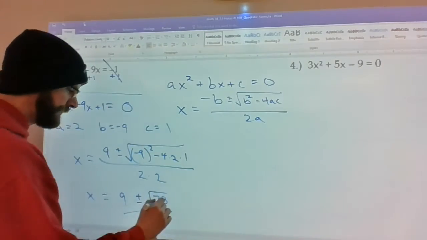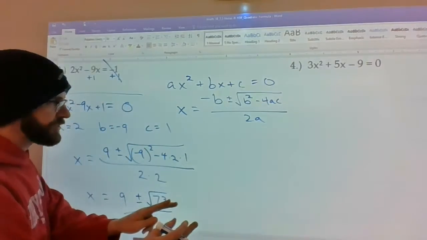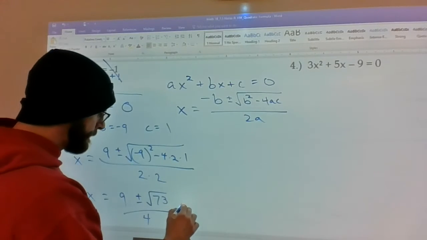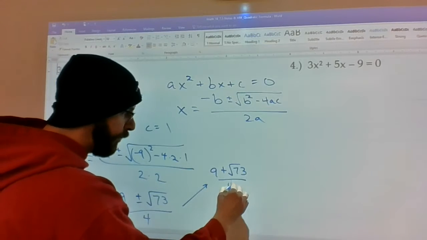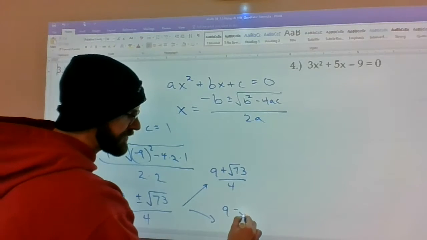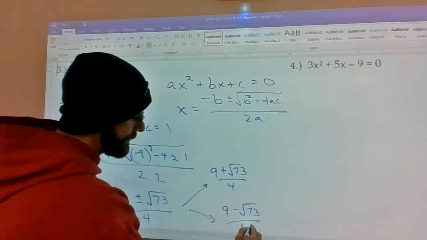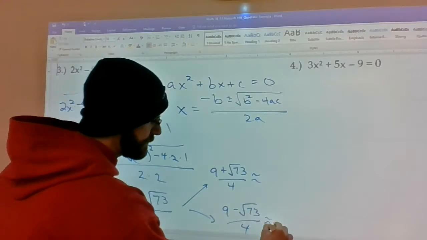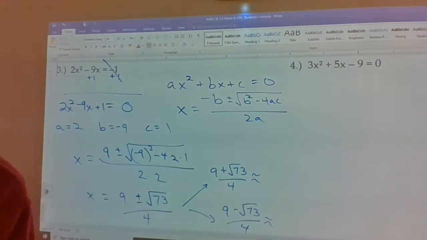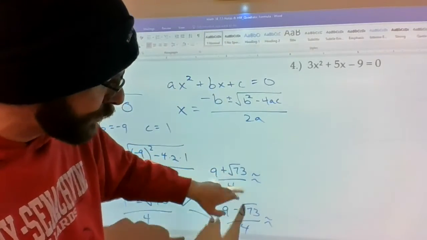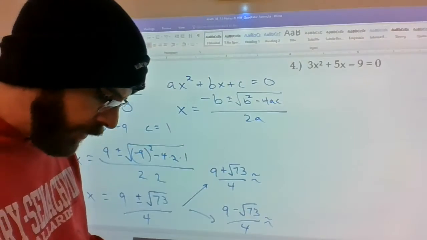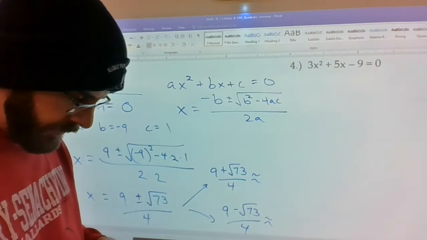Okay, there we go. So you got 2 solutions: adding the root 73, divided by 4, and subtracting the root 73, divided by 4. Awesome, 2 decimal answers here. And there's no special funny business because the root is going to be a positive number. We're good in that area.